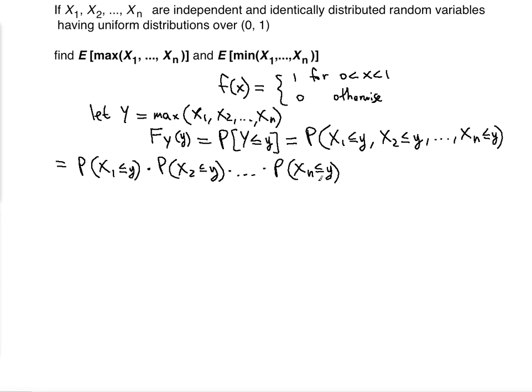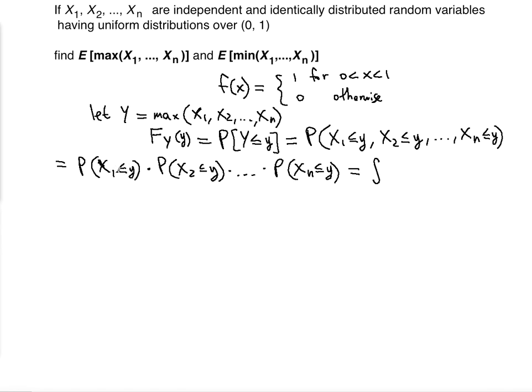So now you should understand that the probability of the random variable being less than or equal to y is going to be an integral. Let's deal with the first probability.